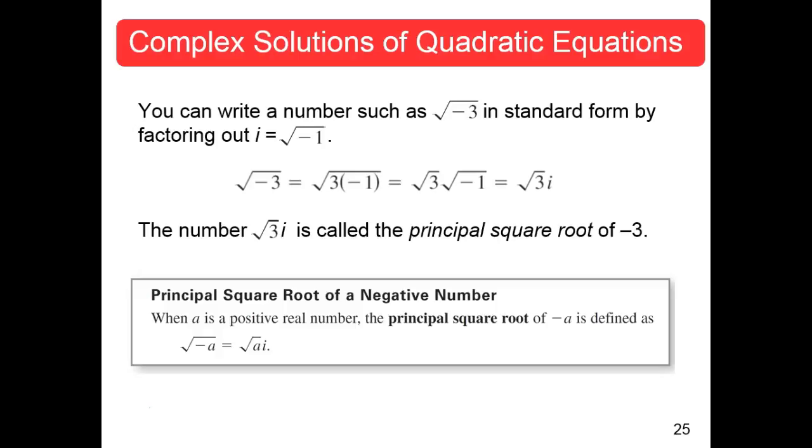Now this book likes to write it in standard form, put the square root of 3, then the i. I don't like to do that. Does anyone have a guess of why I don't like to do that? Yeah, if you're a little sloppy with your line here, you can't tell whether the i is inside the radical or not.